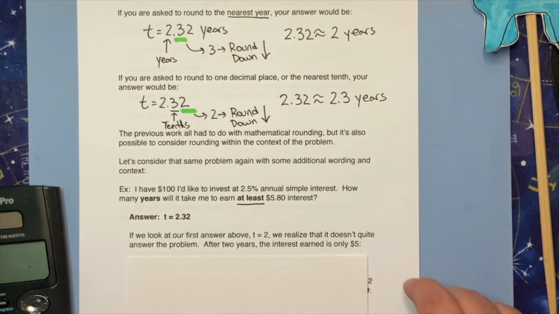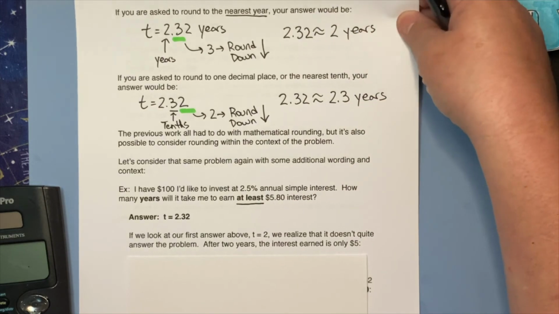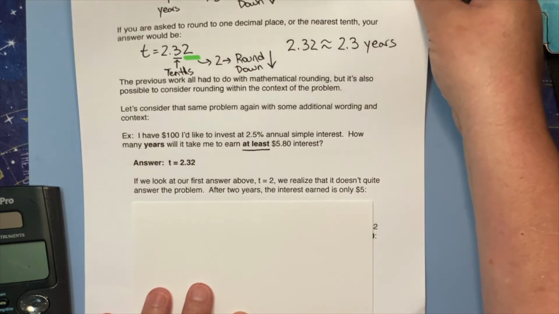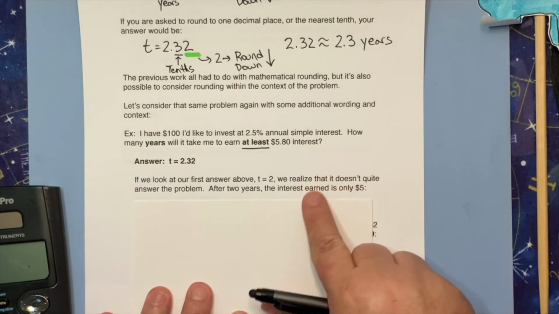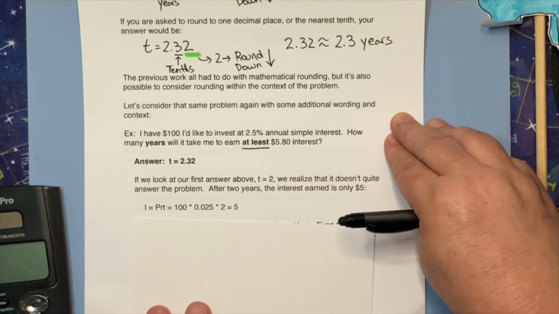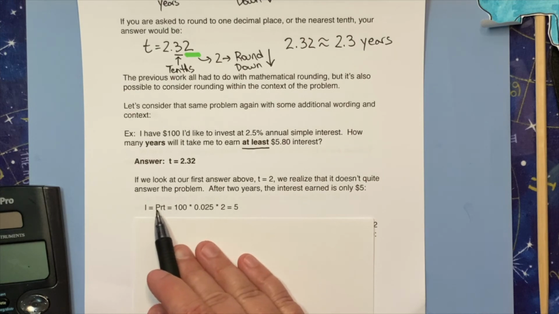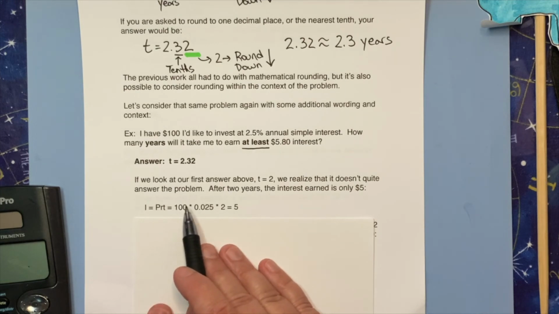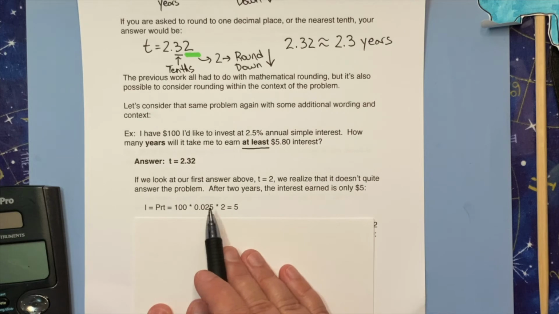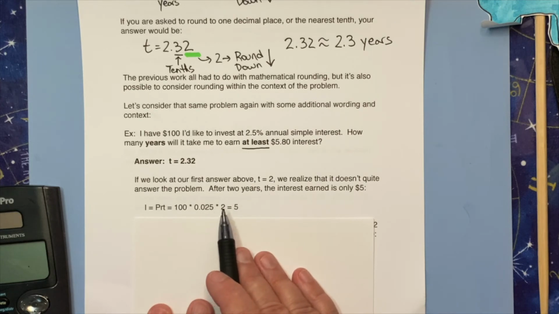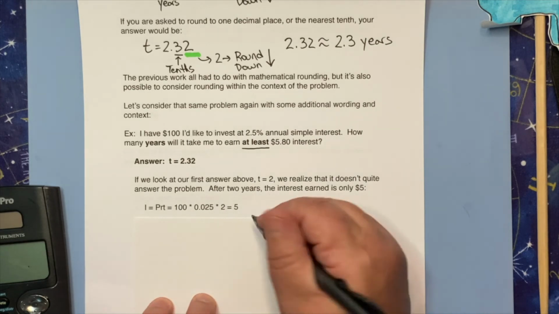If we look at our first answer above, t equals 2, we realize that it doesn't quite answer the problem. After 2 years, the interest earned is only $5, right? So let's look at the formula. The interest earned, which is PRT, is 100 times 0.025, remember that's the R, times 2, and 2 years is only $5.